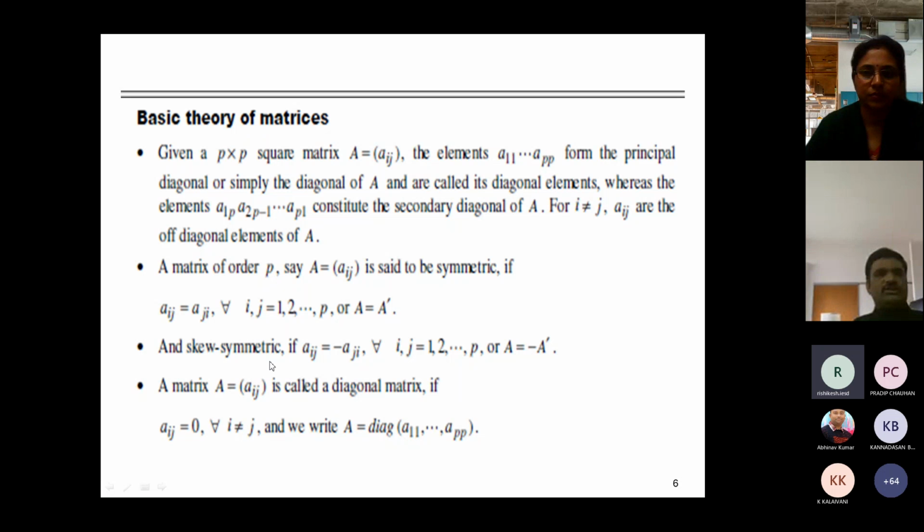It is a skew symmetric matrix if Aij is equal to minus Aji for all i, j, and A is equal to minus A dash. A matrix capital A equal to Aij is called a diagonal matrix if Aij is equal to 0 for all i not equal to j, and we can write A is equal to diagonal of A11, A22 and so on up to App.